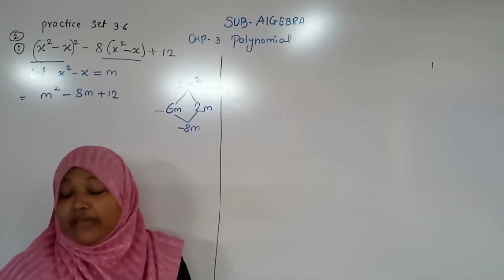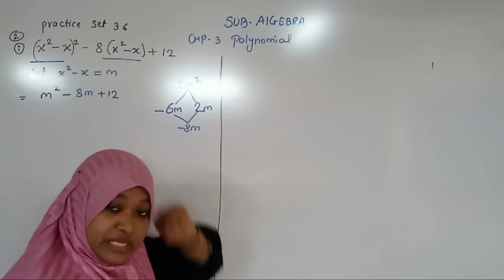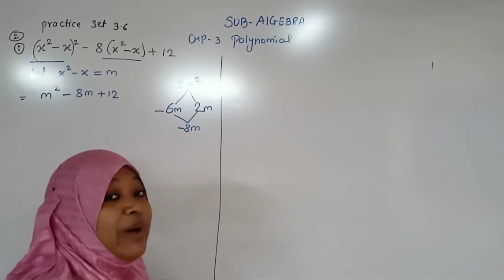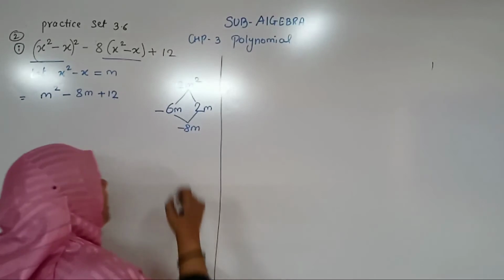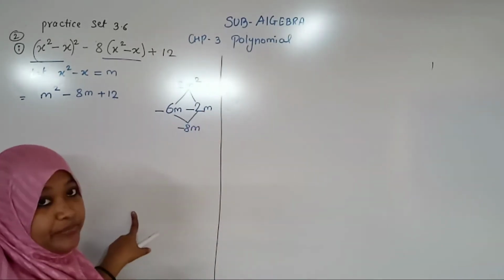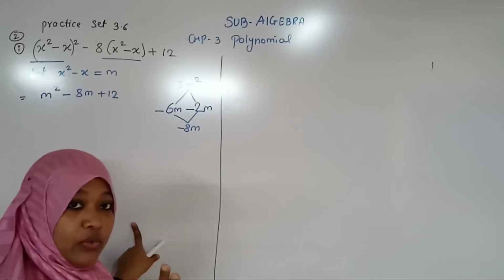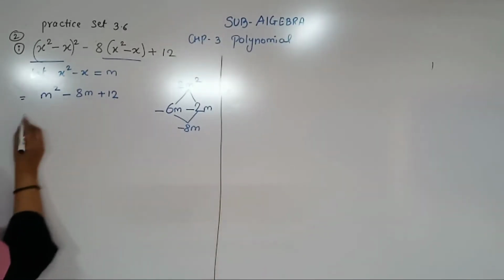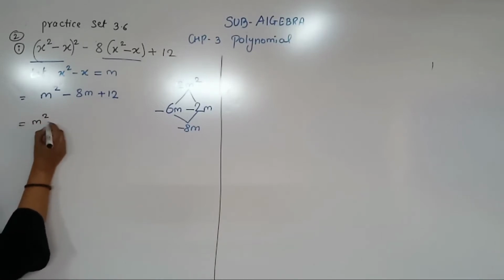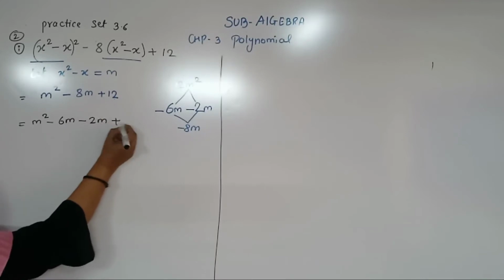Now I have to add these two numbers, 6 plus 2, right? So while doing plus, which sign should be here? I should take minus, because minus minus became plus, right? Minus minus becomes plus. So instead of 8m, see, m square minus 6m minus 2m plus 12.